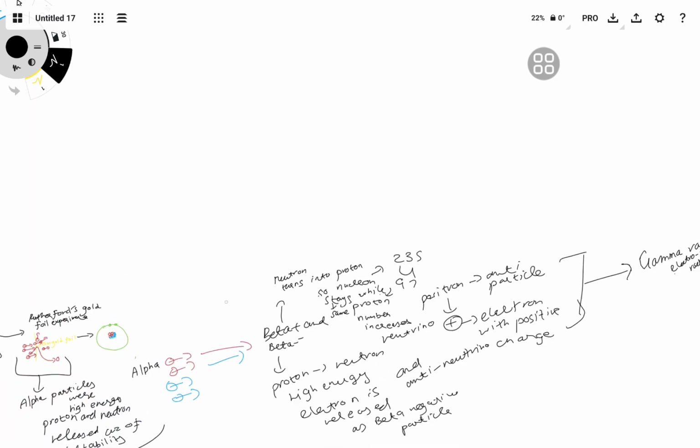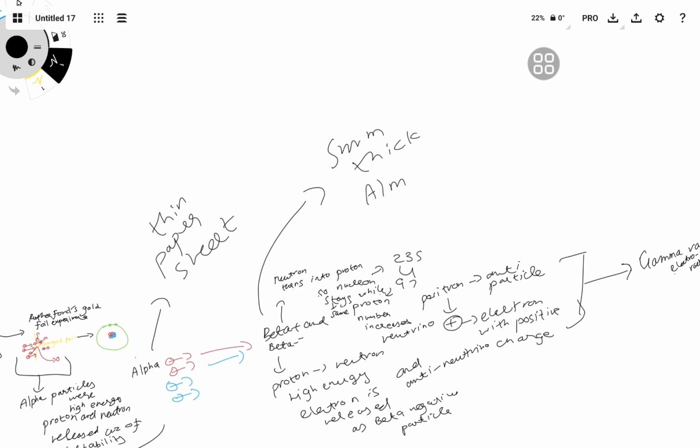Let's compare the three by penetration. Alpha can be stopped by a sheet of paper, which is basically a thin paper sheet, which means it's very weak. Beta is stopped by a 5 millimeter thick aluminium sheet.